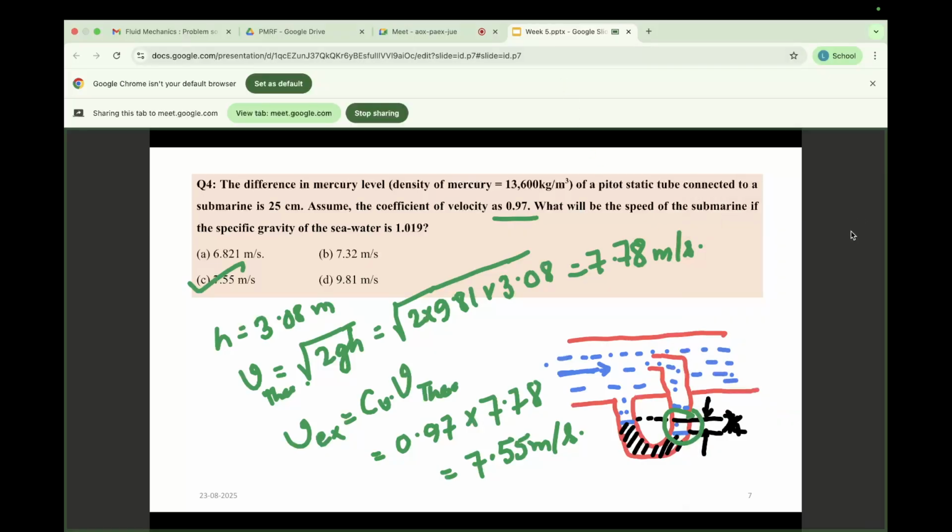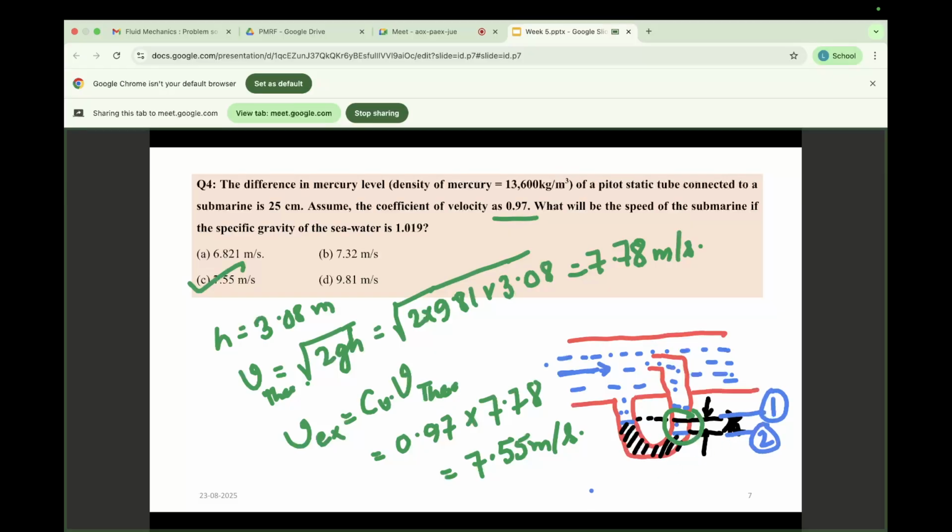Let me clarify this thing. So see, Shivam, just this point, say this point is 1 and this point is 2.